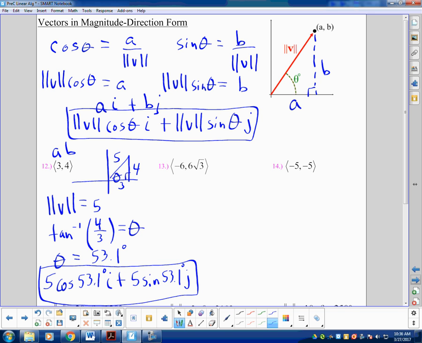Let's look at 13 just because it's something other than a 45-degree reference angle. So drawing a quick little sketch here, I've gone 6 left, there's a right angle, 6 root 3 up. So my magnitude is equal to square root of 6 squared plus 6 root 3 squared.